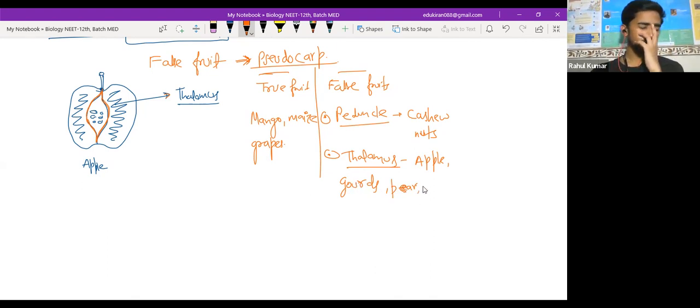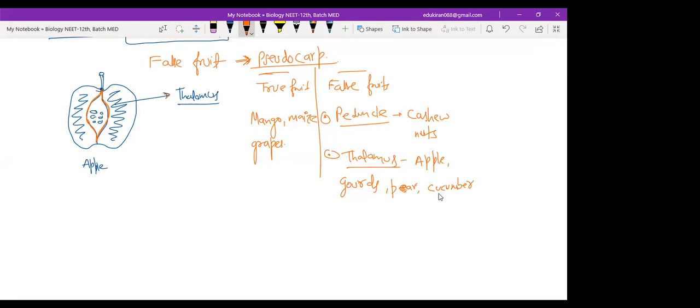And there's one more example that was asked: gourds and cucumber. So cucumber is also a false fruit. When you cut a cucumber, what do you see inside? Lines of ovules, seeds, lined up, right?